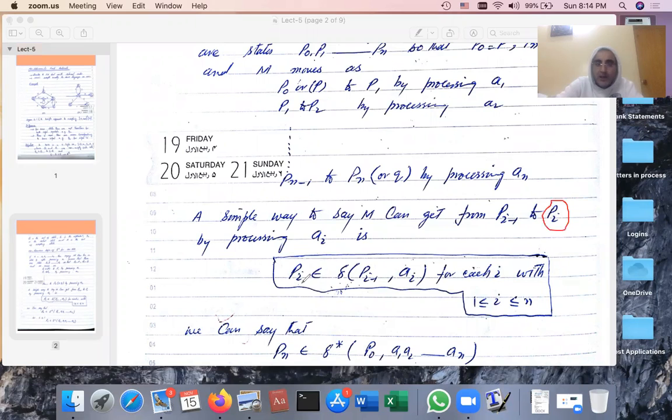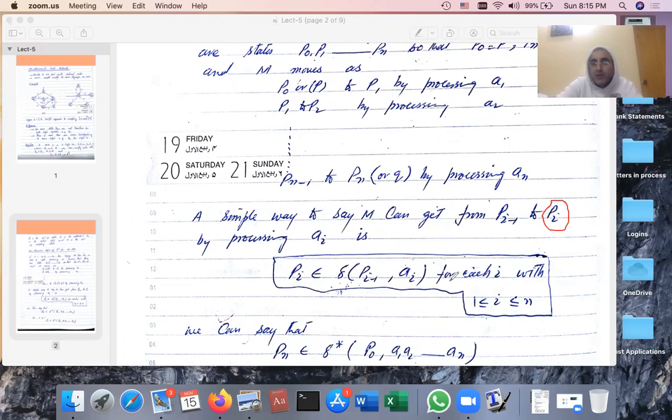Suppose you have reached Pi, then from where did you reach this state? The answer is after applying different transitions. So we can write Pi belongs to delta, which is a transition. And how did we reach Pi? From the previous state Pi minus 1, comma Ai. So on the previous state Pi minus 1, after applying the transition with Ai, we can reach Pi.